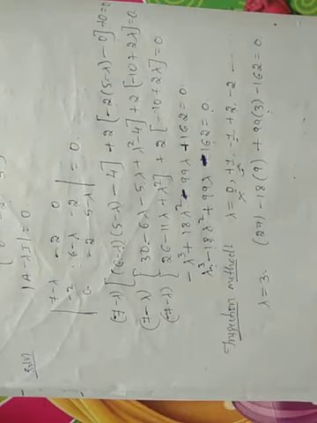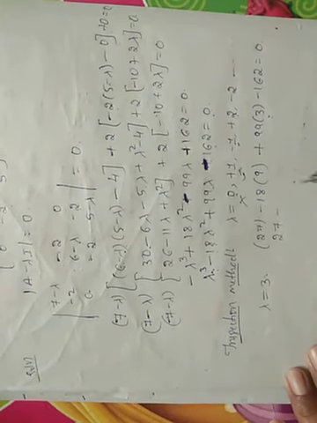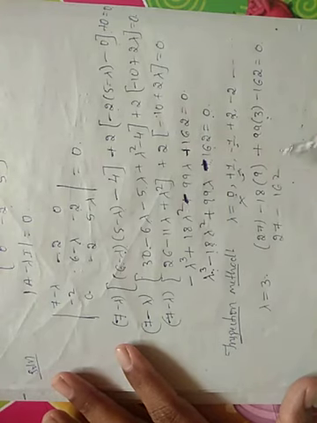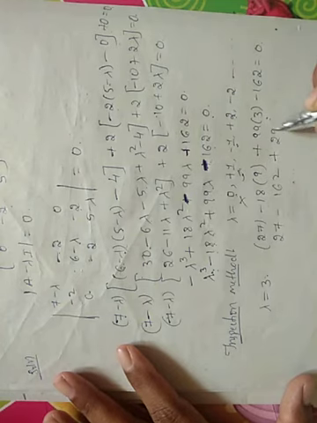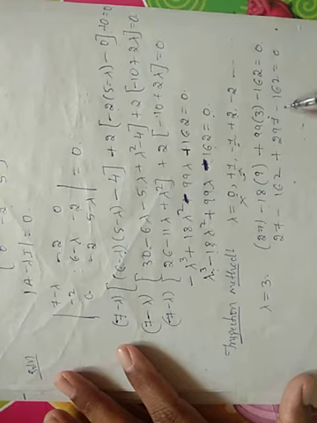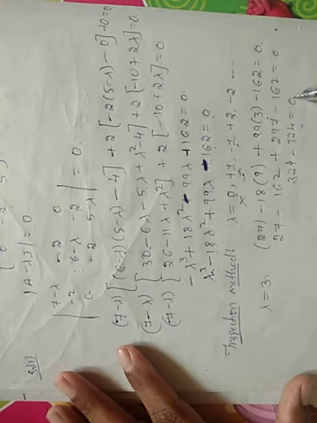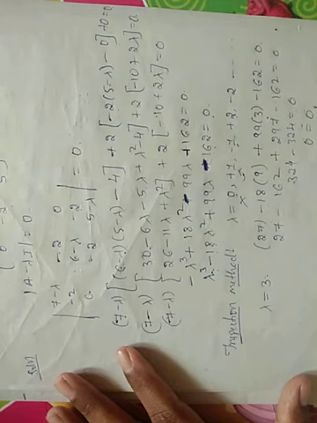You can open the bracket and simplify. So 27 minus 18 into 9 is 162, plus 99 into 3 is 297, minus 162. Taking the simplification, you will get 324 minus 324. That is equal to 0.